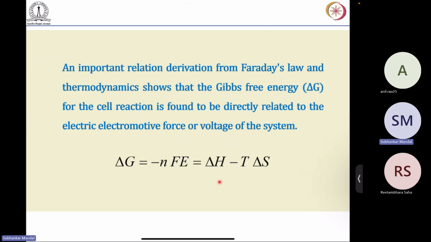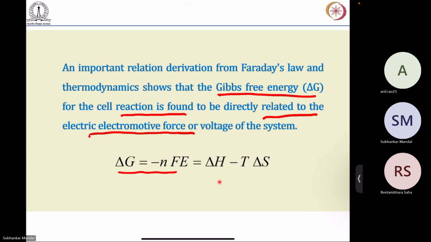One important parameter is the Gibbs free energy, delta G, related to the cell reaction, which is directly related to the electromotive force. That is delta G is equal to minus nFE. I think all people know this relationship. And delta G we also know is delta H minus T delta S.